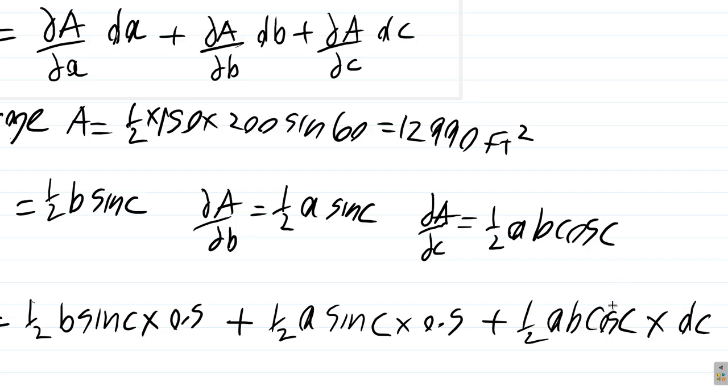Remember, the degrees come from the historical use of base 20. That's one argument as to where it comes from. The other one is it was estimated that you had 360 days in a year.